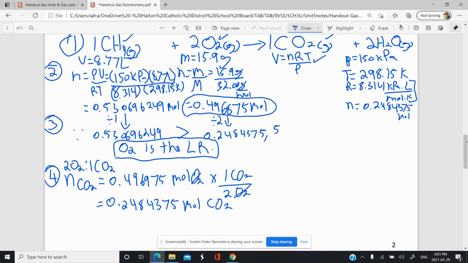So step 5, V is equal to 0.248, but all my numbers are still in the calculator, so 0.248 moles times 8.314 kPa liters per mole Kelvin times the temperature was 298.15 Kelvin.